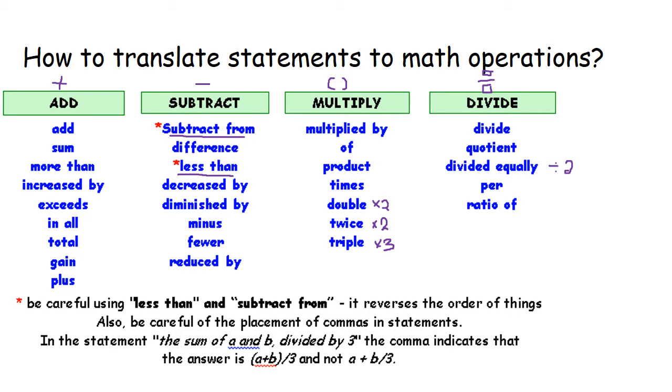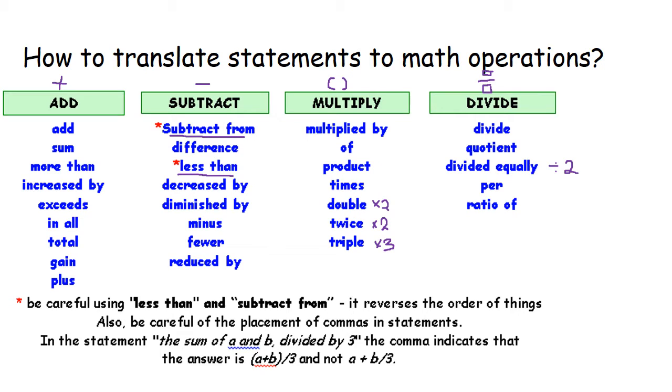So let's go back to the two statements, subtract from and less than. Every time we have these two statements, we need to reverse the order of the things that come before and after the words subtract from and less than. And later, we're gonna look at some examples.